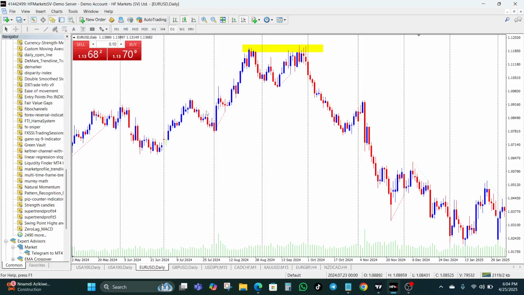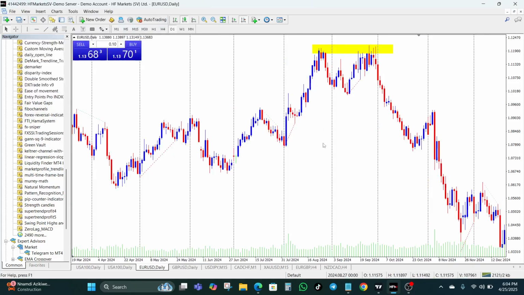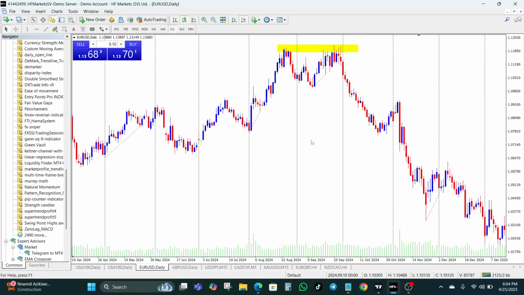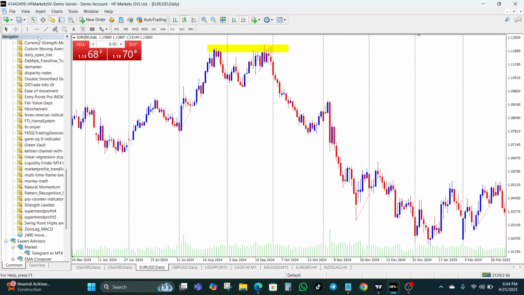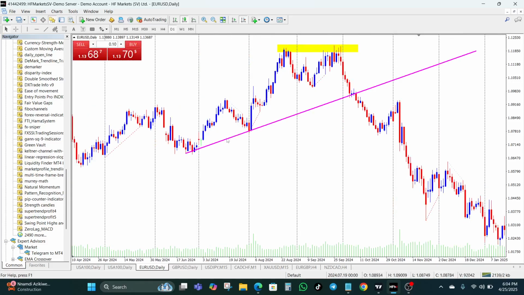And then when you want to execute a trade, combine price action analysis with what this indicator is telling you. Make sure that you look at market structure. You can use your trend lines to identify the prevailing trend in the market. And once you have identified the prevailing trend, then you look out for the signals given to you by the liquidity finder indicator.